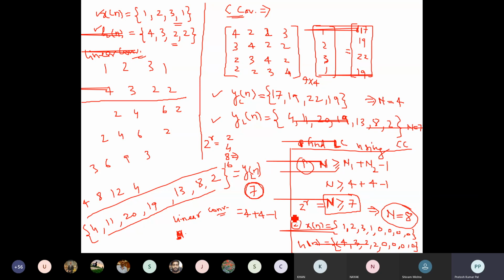So by using these sequences, x of n is equal to 1 2 3 1, and h of n is equal to 4 3 2 2.